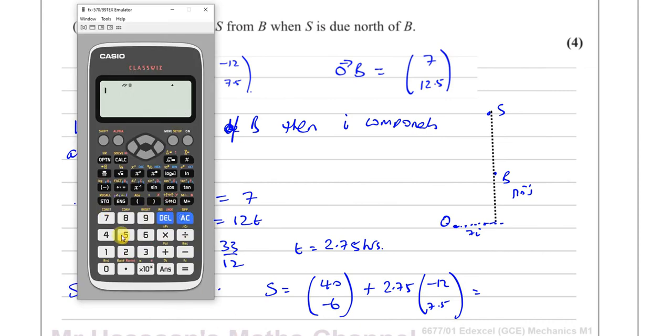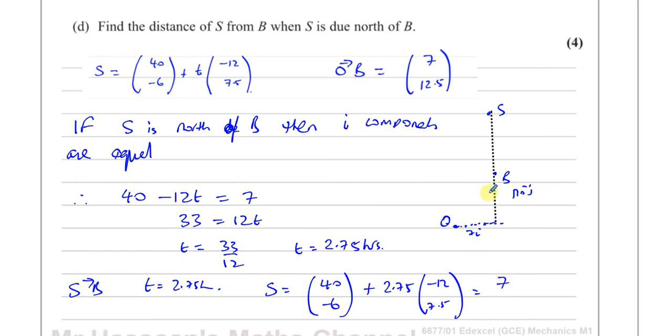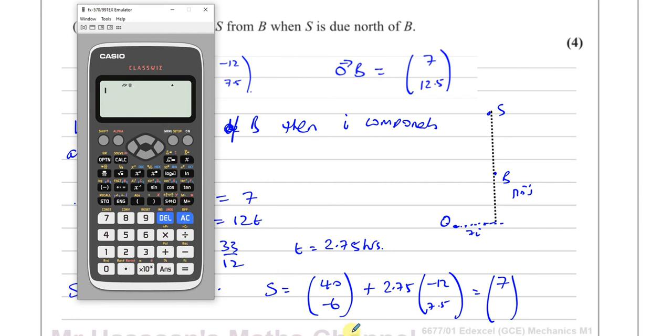So we have 40 plus 2.75 times minus 12, which is going to give us 7, as we know it will, the same as the I component of B. That's a good way to check that you've done the right thing. But what we're interested in is the J component.